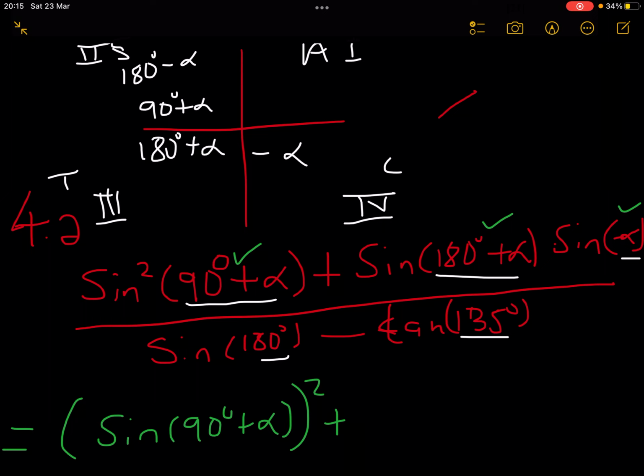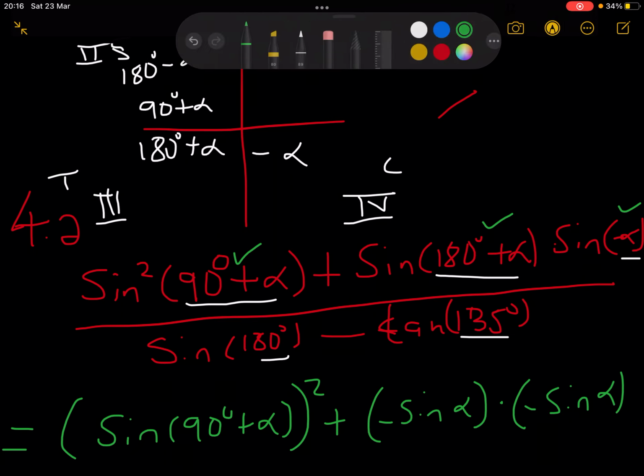Therefore, sine is negative. Sine of the angle alpha, multiplied by sine of a negative angle, is the same as negative sine of that angle. Please note that I am calling it that angle, because that angle can be k, z, alpha, beta, or theta.